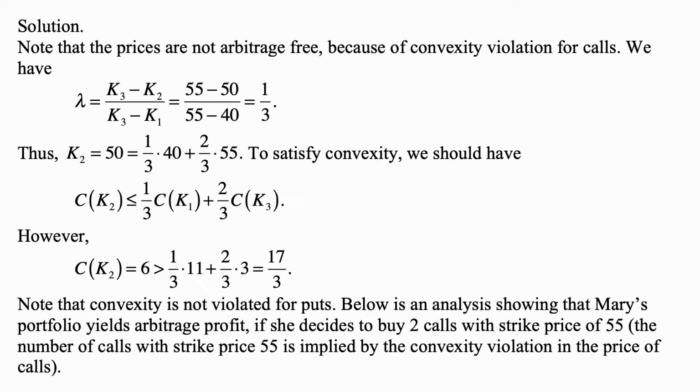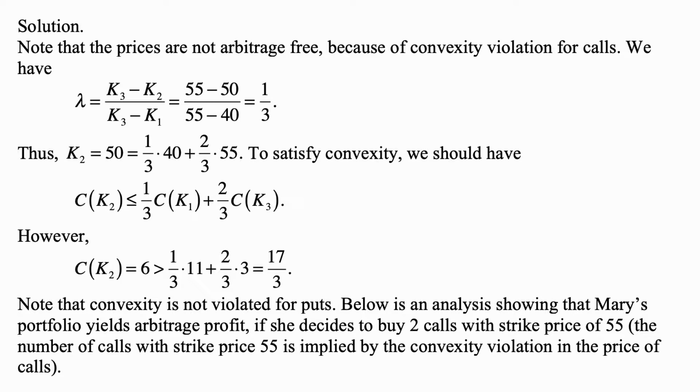To satisfy convexity, we should have that the call price with exercise price K2 should be less than or equal to 1/3 of the call price with exercise price K1 plus 2/3 of the call with exercise price K3.